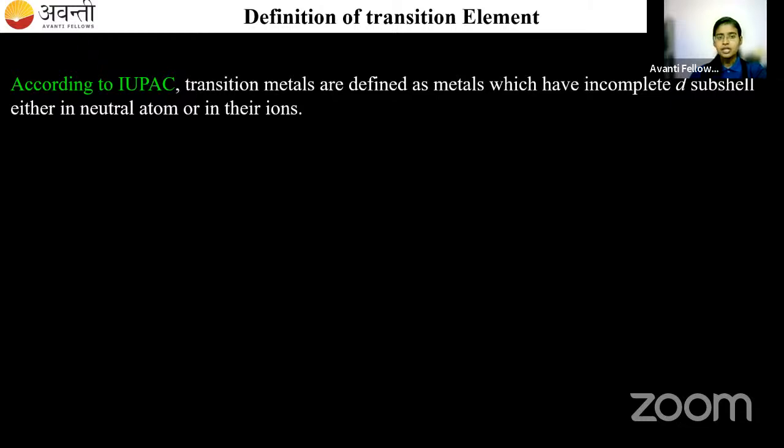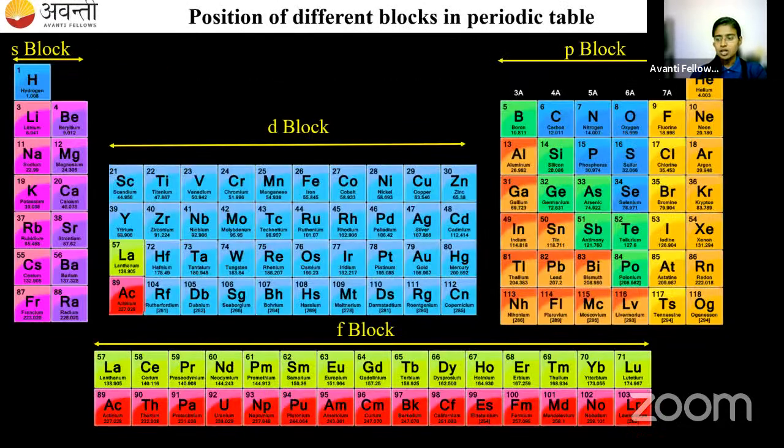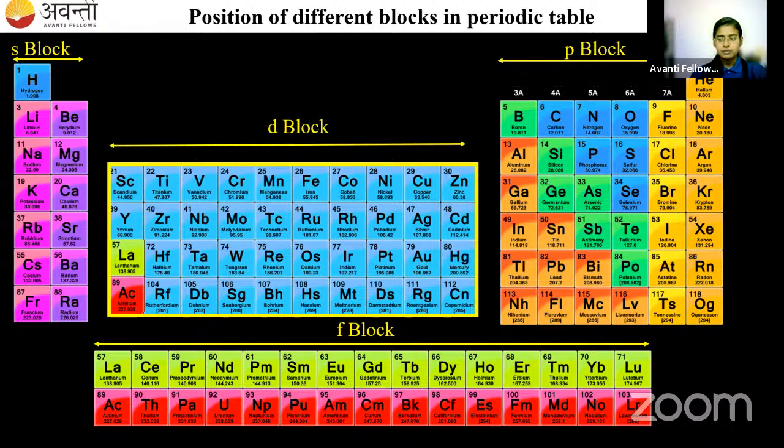Coming to the periodic table, we have four blocks: S block, P block, D block, and F block. In this lesson, we are going to study the center part of the periodic table, which is the D block. D block consists of four rows.